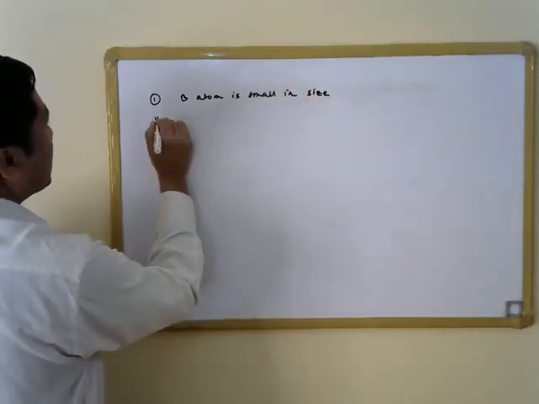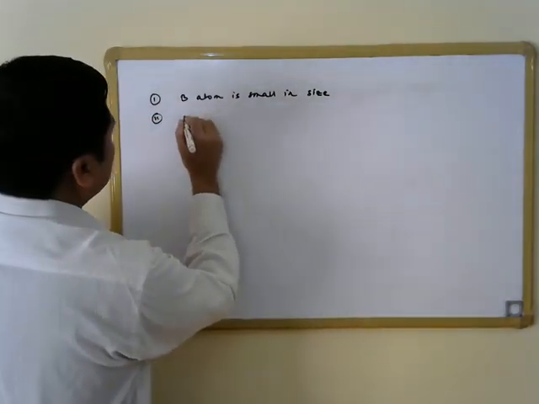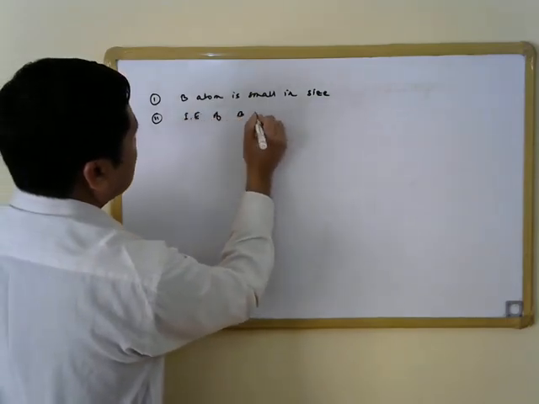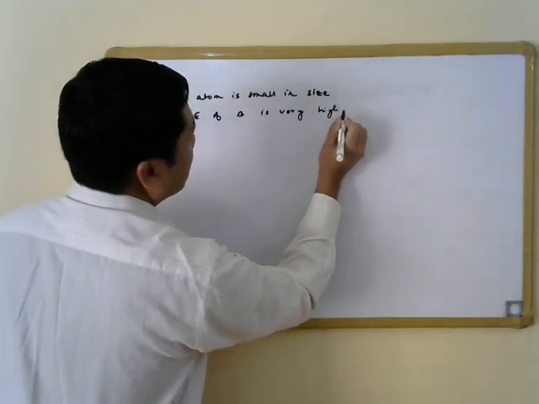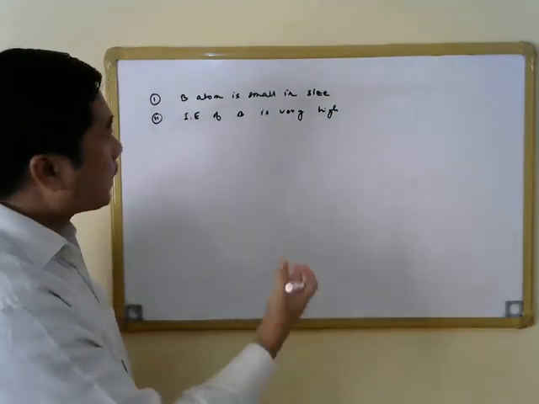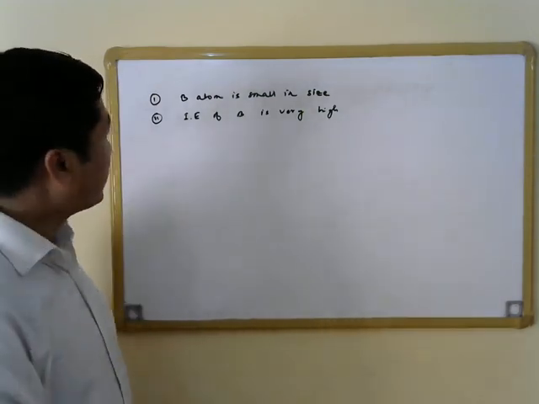Secondly, the ionization energy is very high. So that is why boron does not form simple ionic compounds, and instead it forms only covalent bonds with all other elements in the periodic table.